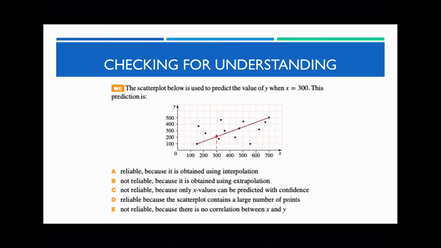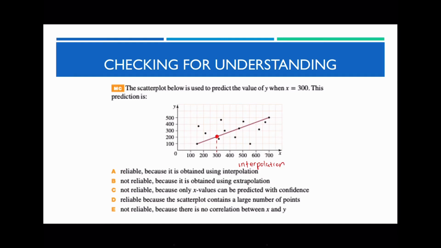Because this value is within the data set, this is an example of interpolation. Hopefully you can agree with me on that. And because this is found within the data set, interpolation will always be a lot more accurate as opposed to extrapolation, because when the value that we want to find is within the data set, we know this follows a linear trend.